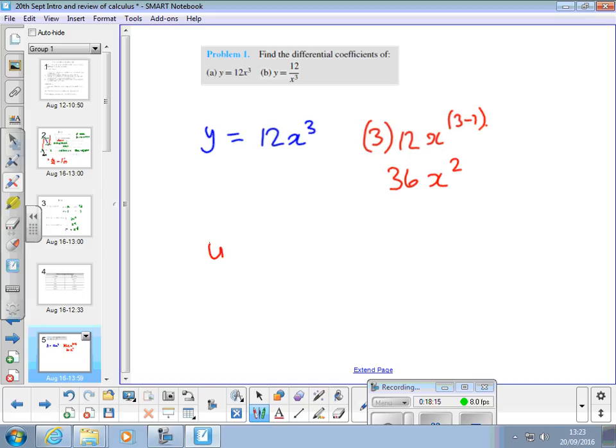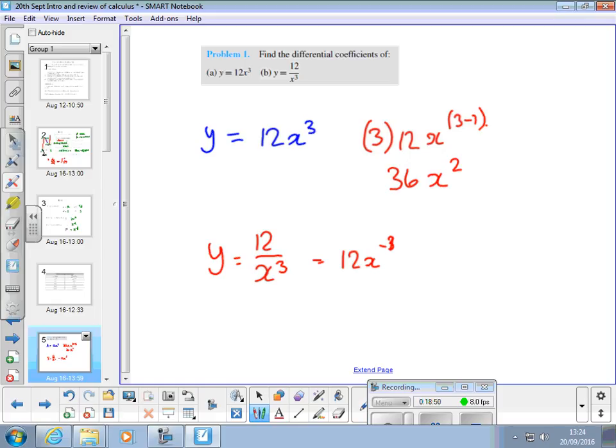What about y is equal to 12 over x cubed? Twelve x to the minus 3. So we've moved this from the bottom to the top. We've got rid of the fractional content of that function.